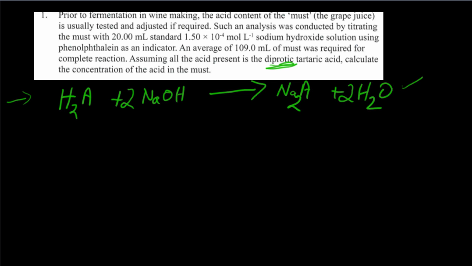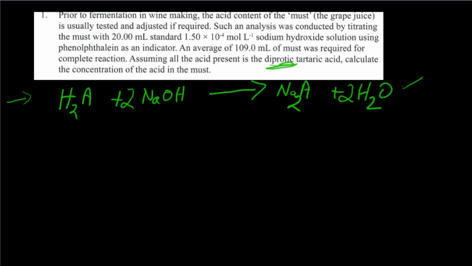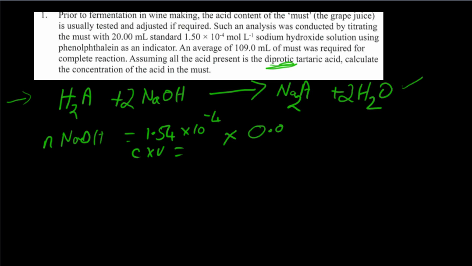Anyway, so we go to our view at the moment. We're interested in the number of moles of NaOH, which is going to be equal to C times V, which is going to be equal to 1.5 times 10 to the minus 4 times 0.020 litres.